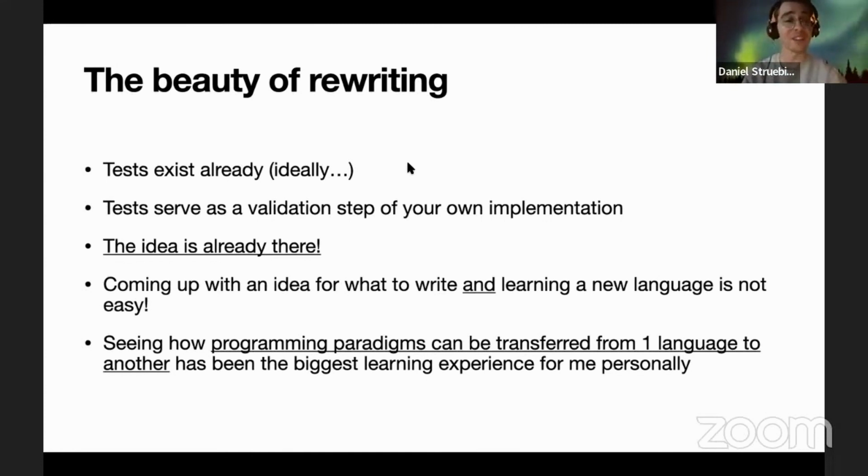It's also the simple fact that the idea itself is already there. And I would definitely say that I am a creative person myself, and I can definitely find ways to solve problems creatively, or to make my own pieces of creation. But both coming up with an idea for what to write and learning a new language can get pretty difficult to do, because it starts becoming some type of chicken or the egg problem.